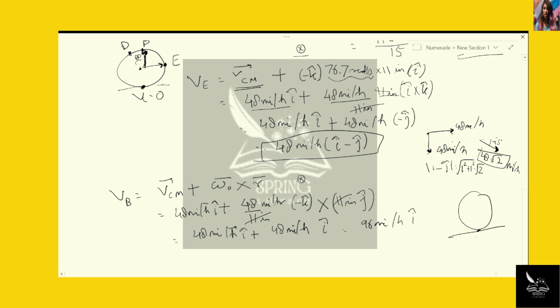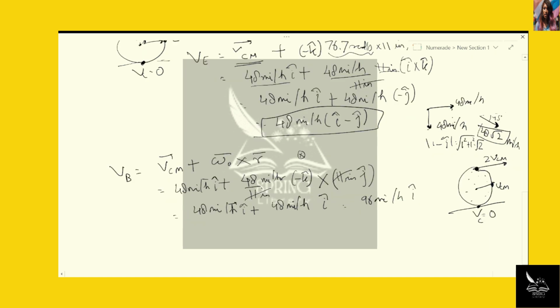The point touching the ground always has velocity 0, and the point on the top always has velocity 2 VCM, where VCM is the velocity of the center of mass, which is the translational component of velocity, the same velocity for all the points of the rigid body. So this is a rule worth remembering. Then you don't need to do this calculation all the time.